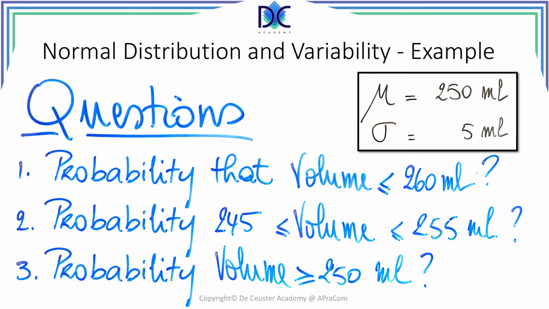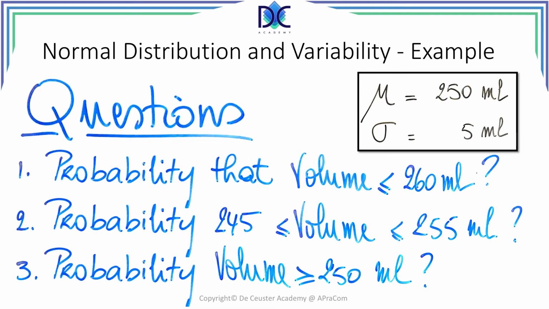Just have a look. 260 milliliters is exactly equal to 250 plus 2 times 5, 2 times the standard deviation. The second problem I want to resolve is the probability between 245 and 255 milliliters.